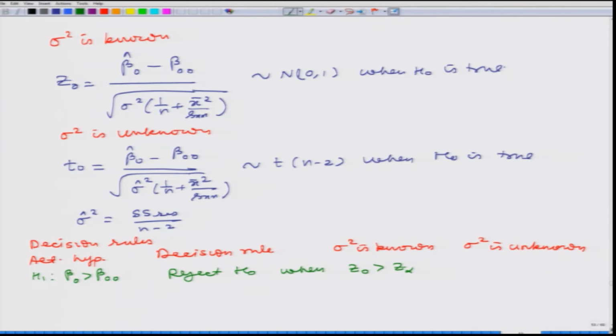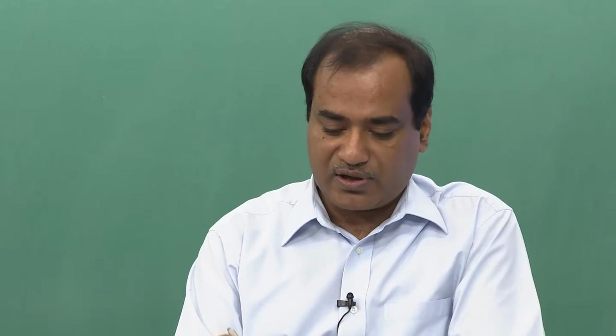And if sigma square is unknown, then the decision rule is to reject H naught when T0 is greater than T alpha, n minus 2, where T alpha, n minus 2 is the alpha percent point of the T distribution with n minus 2 degrees of freedom.